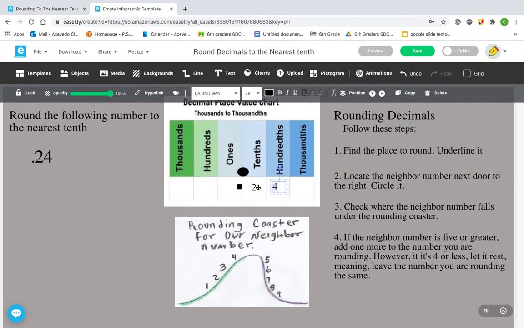This means that the 2 falls under the tenths place value and the 4 falls under the hundredths place value.